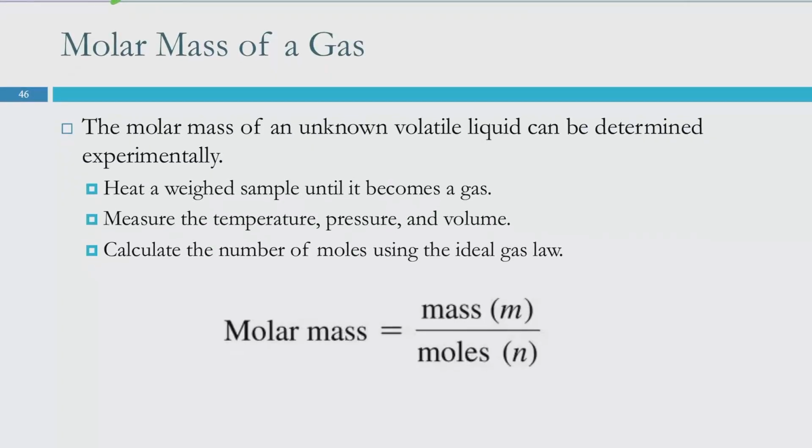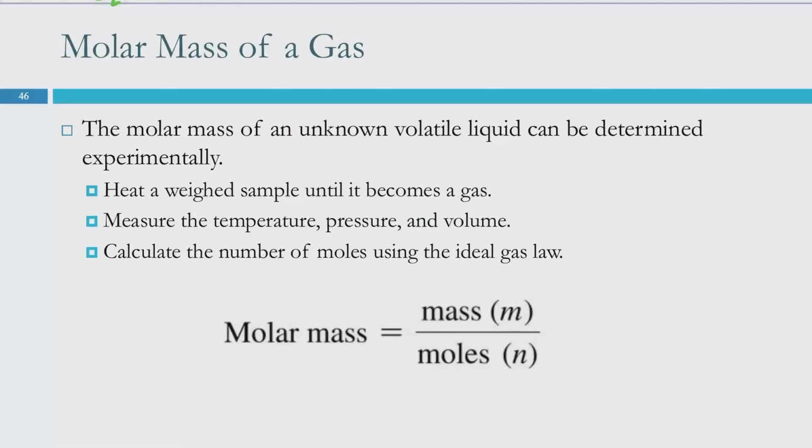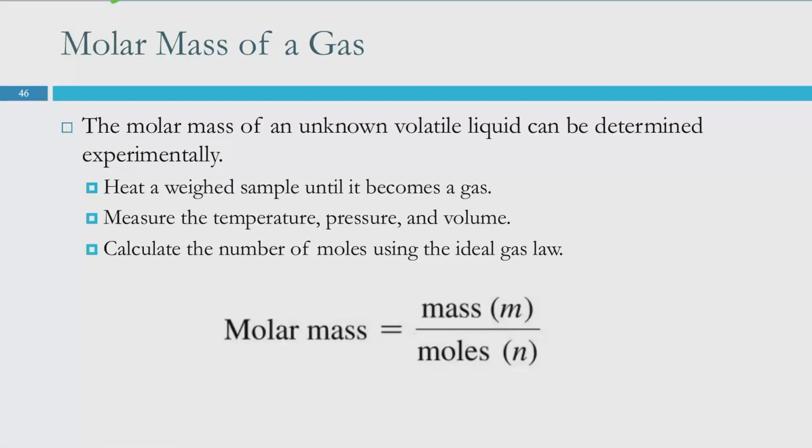We can also find the molar mass of an unknown volatile liquid. Volatile, in this case, means that it boils at a lower temperature than water.